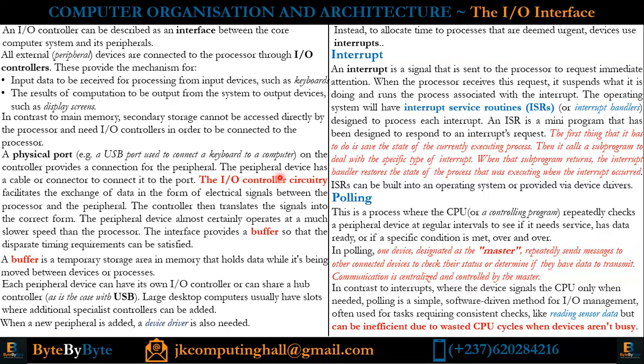In contrast to interrupts, where the device signals the CPU only when needed, polling is a simple, software-driven method for input-output management, often used for tasks requiring consistent checks like reading sensor data, but it can be inefficient due to wasted CPU cycles when devices are not busy. So in this last point, you have the advantage of polling over interrupts and the advantage of interrupts over polling.